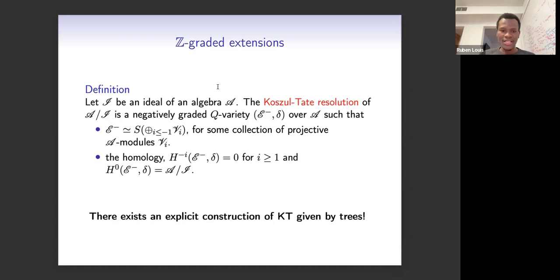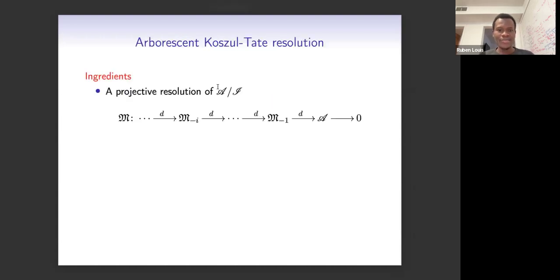This was done by Sasha at Yale University, a student of Thomas Willwacher. So they call it arborescent Koszul-Tate resolution because of that.